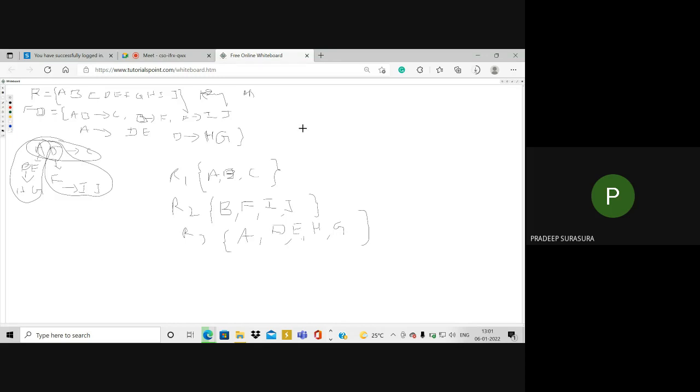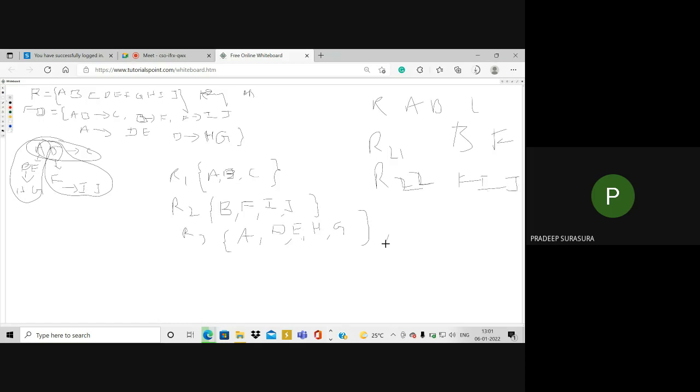So normalize R2 and R3 in such a way that R1 will be the same, R1 will have ABC, and R2 I will break into R21 and R22: B and F in one table, FIJ in one table.